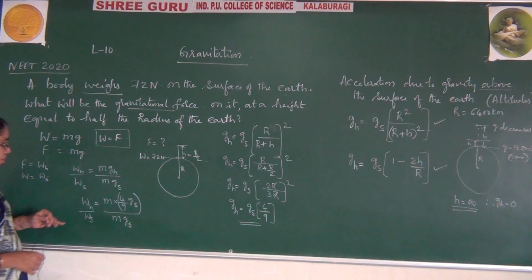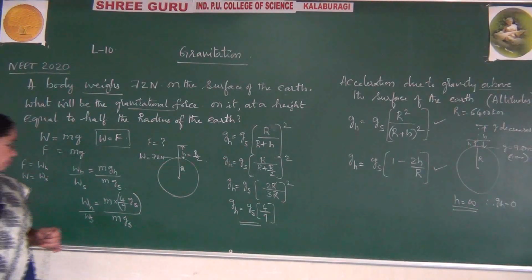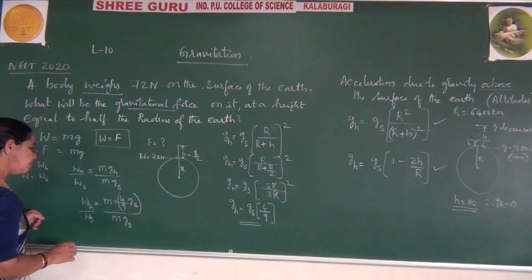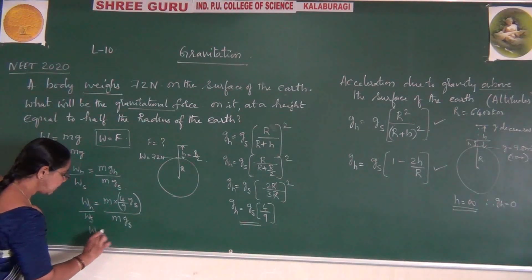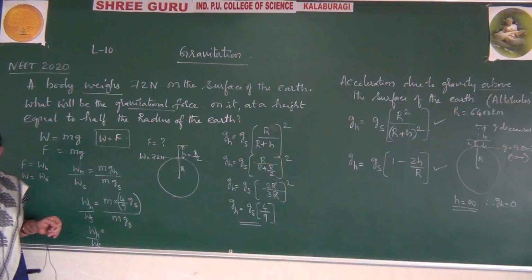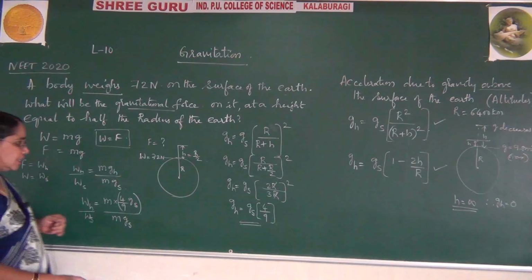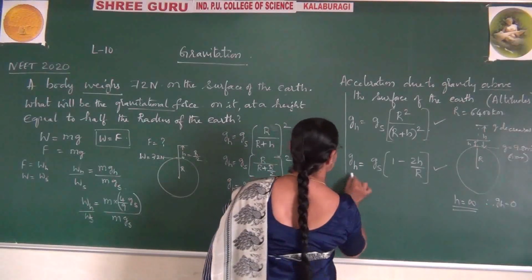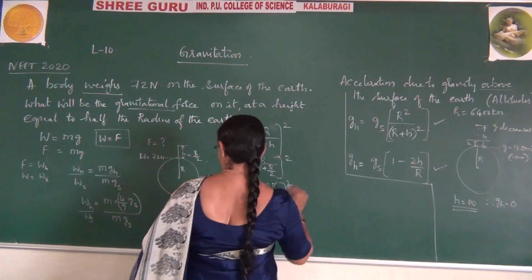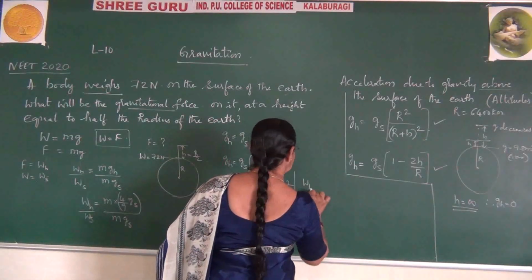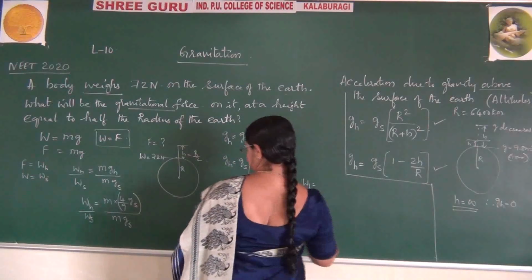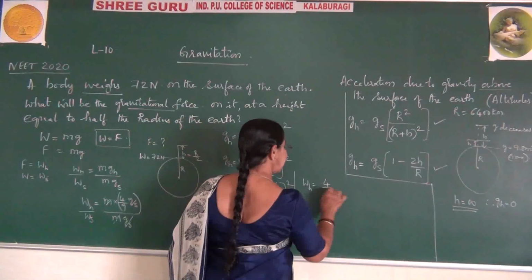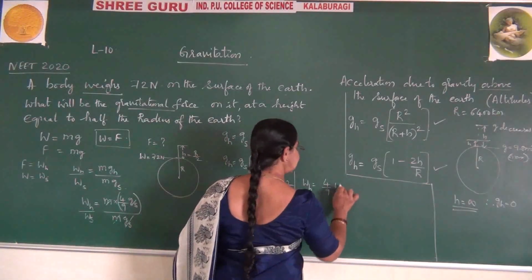This M and M get cancelled, GS gets cancelled, and you get WH is equal to 4 by 9 into WS.